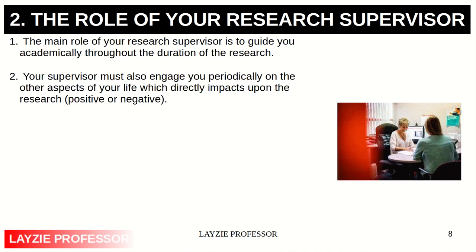These things may not be related to the academic relationship between the two of you, but so long as these other things can impact positively or negatively on your research, your supervisor, from his or her own experience, can also engage you on these other things affecting you, so that they can advise you or point you in a direction where you can get help. Help that can help you go over these challenges so you can get back to work, basically.